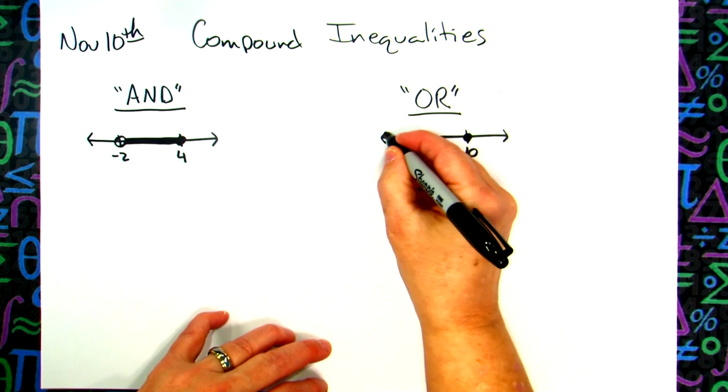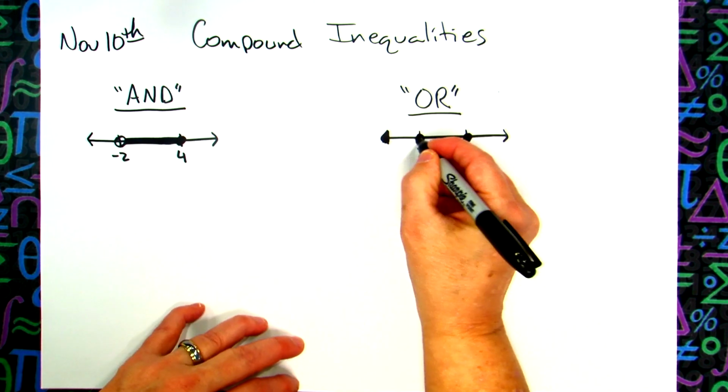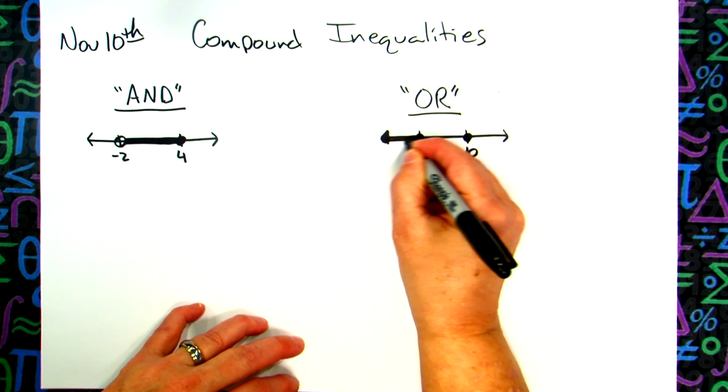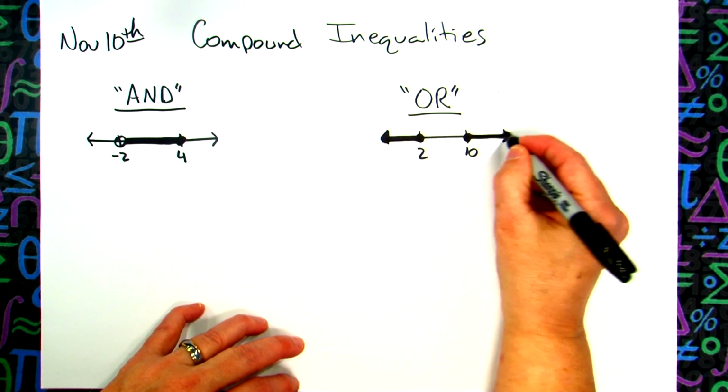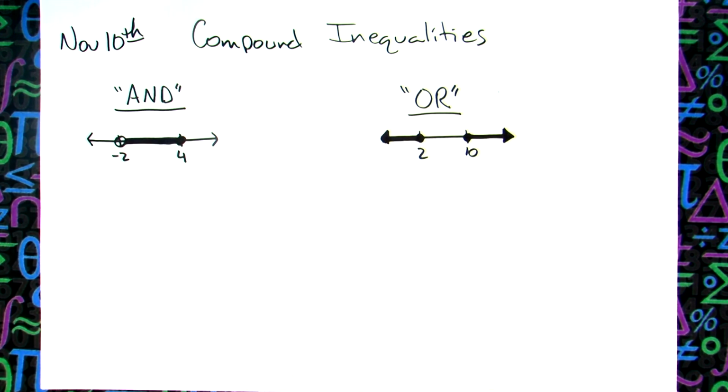But ors are shaded on the outside. So there's your distinction. Your ors are shaded on the outside. The and compound inequalities are shaded on the inside. So if you are working out an or problem and you don't shade on the outside, then you know you're doing it wrong. If you're working out an and problem and you're not shading in the middle, then you know you're doing it wrong. Okay?